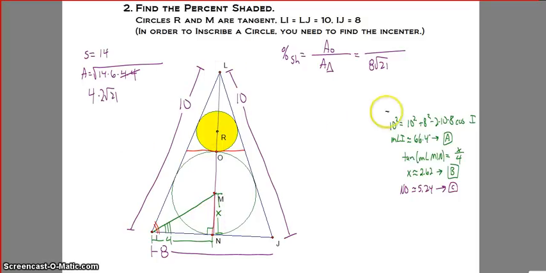So we have triangle LNI, and what we know about that triangle is that this length is 10, this length is 4. So if we use the Pythagorean theorem, 4 squared plus LN squared equals 10 squared, we get that LN is the square root of 84.